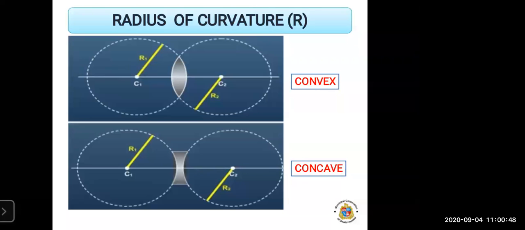Okay. So remember this, the radius of curvature is nothing but the R1 and R2, the radii of the sphere, from the surface of the lens. So R1 and R2 are called the radius of curvature of the lenses. Both the convex and concave lenses form R1 and R2, the radius of curvature of lenses.